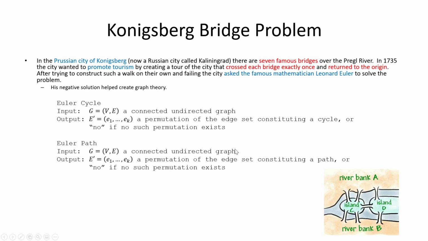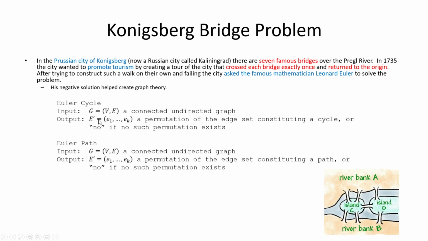So we have to end up starting and ending at the same location. If I could find that, because it's a permutation of the edge set, that means all the edges are there. So that's the visit all the edges exactly once bit. And if it's a cycle, meaning we're not cheating by jumping from island C to island D without going over a bridge, then we want to know what that cycle is. We want to know the order. Otherwise, we want to output no.